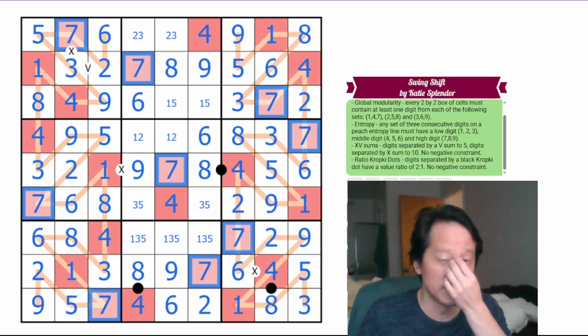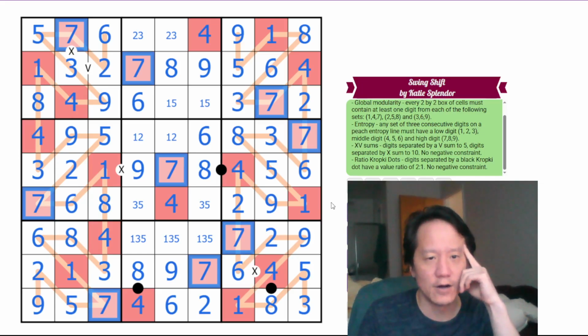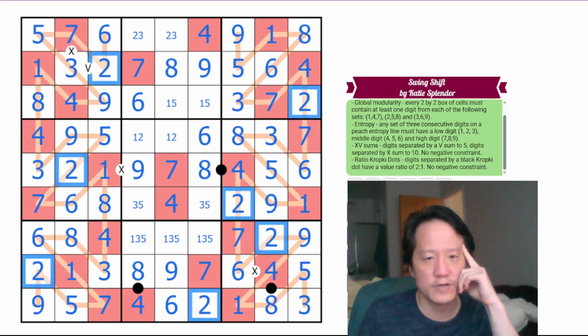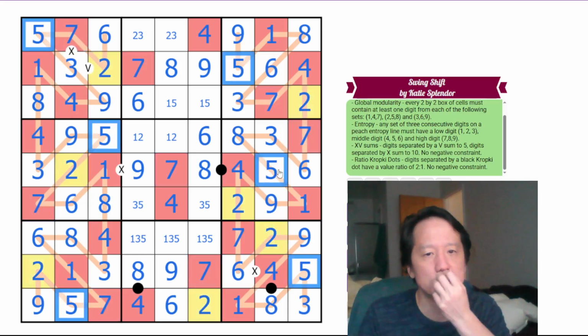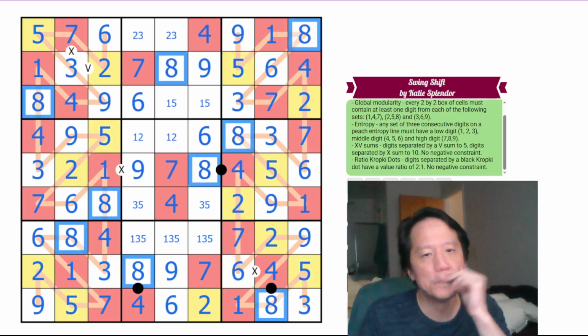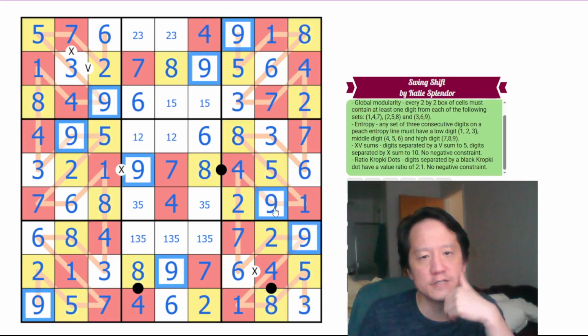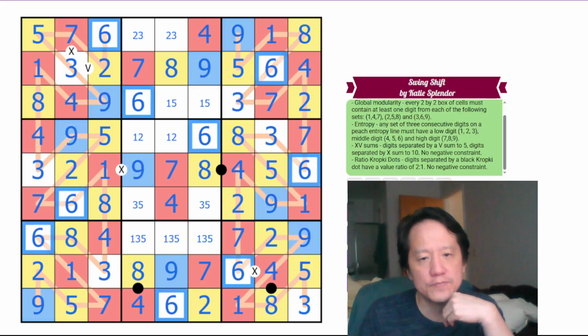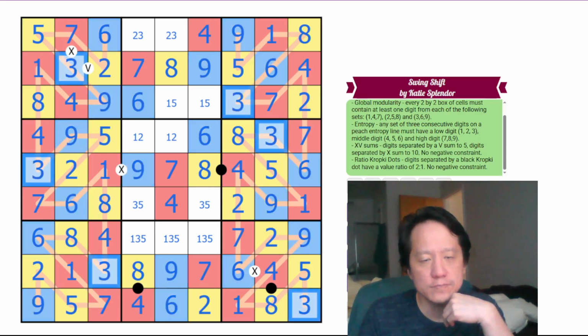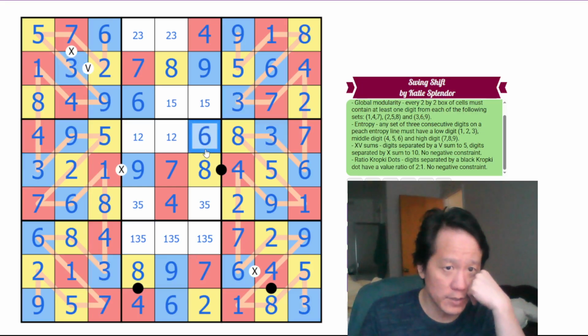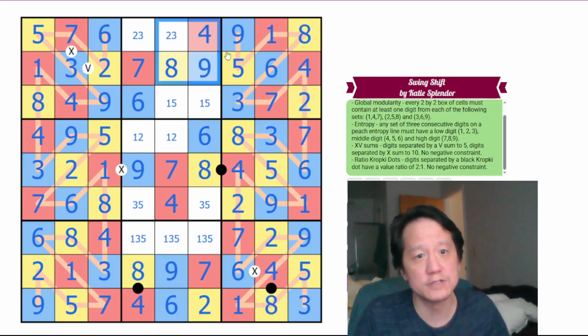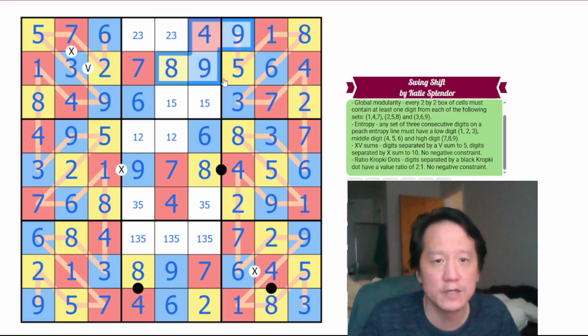And I like using the same columns for them. 2, 5, and 8s are all yellows. And 3, 6, and 9s are all blues. Okay. This allows us to easily see what we're missing.